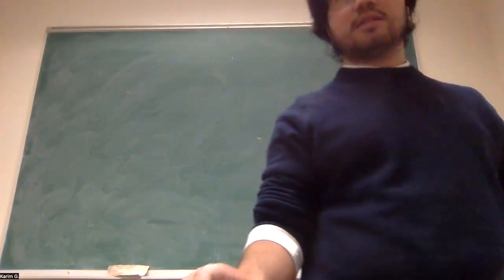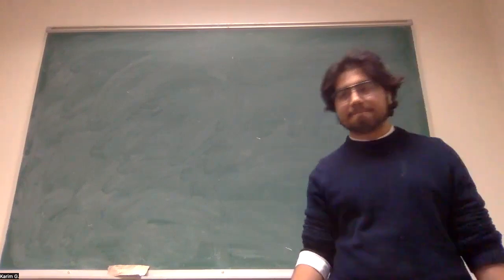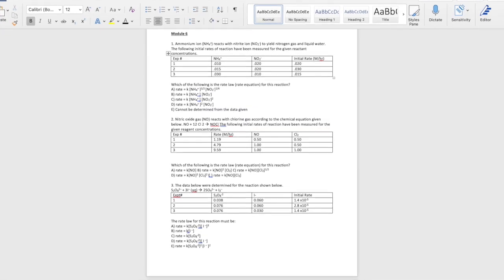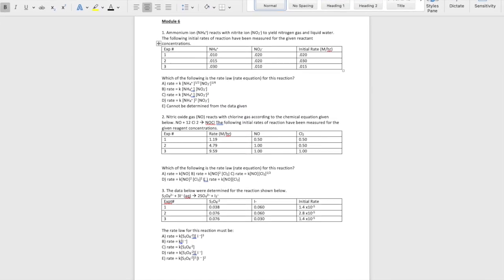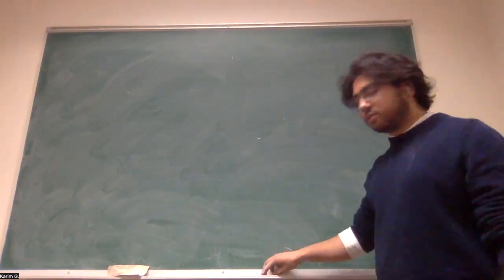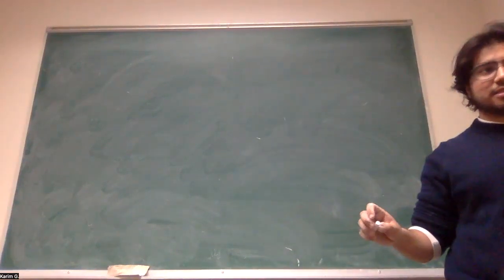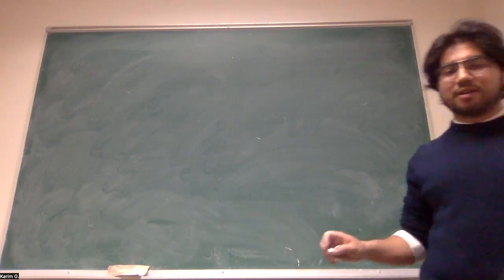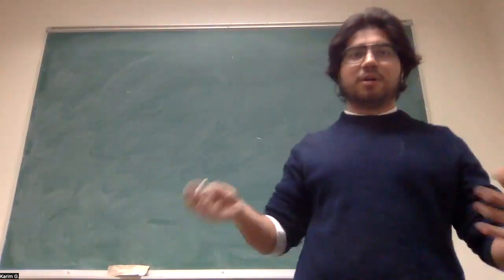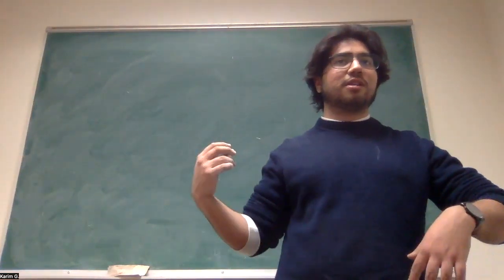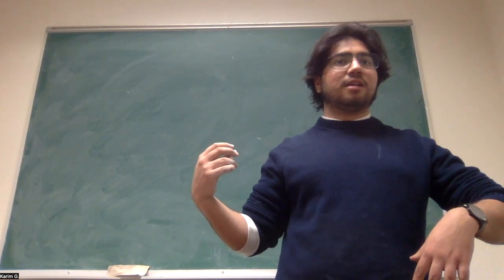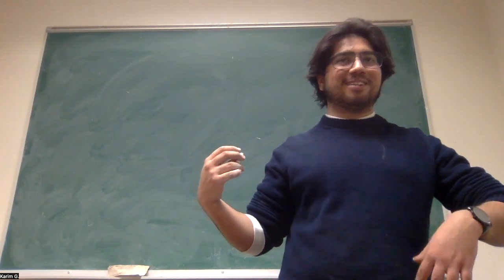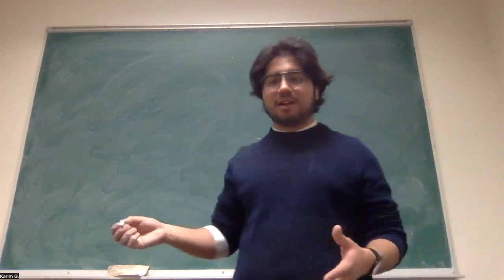So do you guys want to move on to module 6? Yes? Okay. So let's do number 1 on module 6. Or do you guys want to work on module 6 by yourself and then I work on it later? With me? Okay, cool.